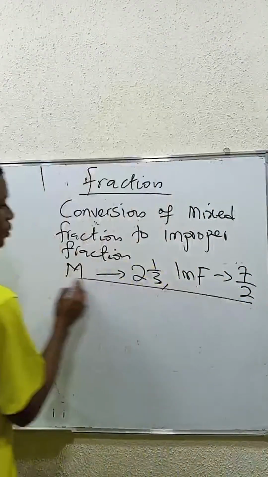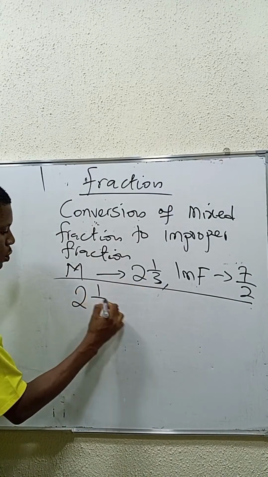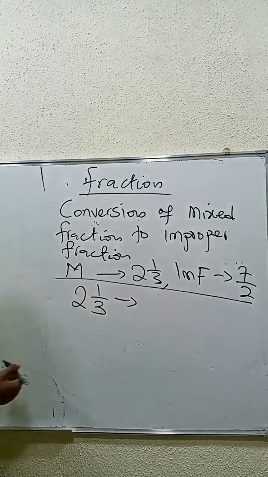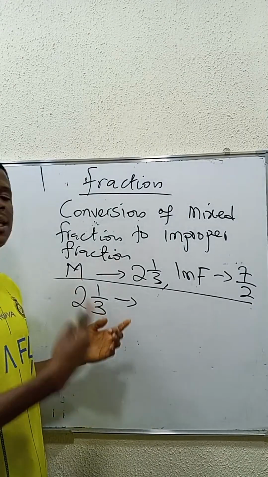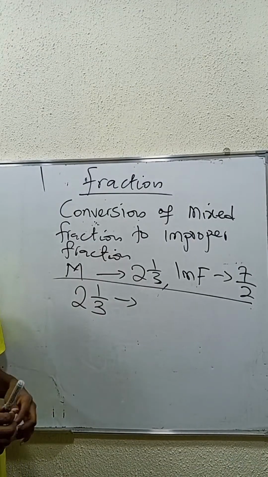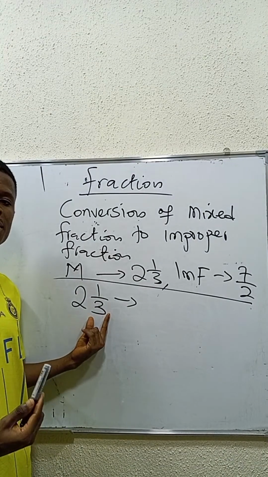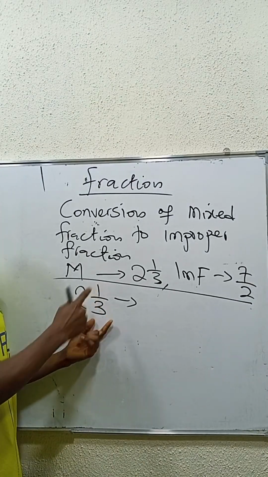Okay? So what's next? Let's try to convert the first one, 2 1/3. To convert this particular fraction to an improper fraction, it is very easy. Multiply the denominator by the whole. After doing the multiplication, add the numerator.